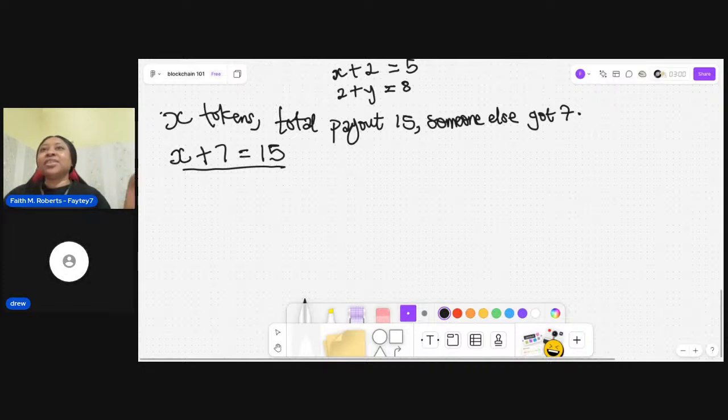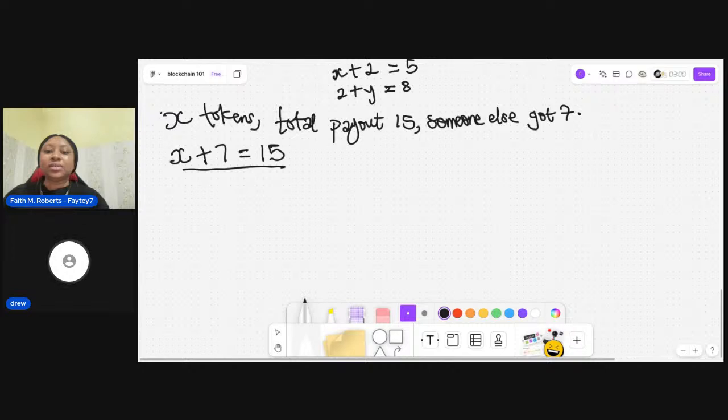Regardless of how the statement is coined, it can start with a smart contract made a total payout of 15 tokens. It paid someone 7 tokens and sent out X tokens. Find X. So it can go in any direction. But specifying tokens in the total payout lets you know that this is what we are solving for.